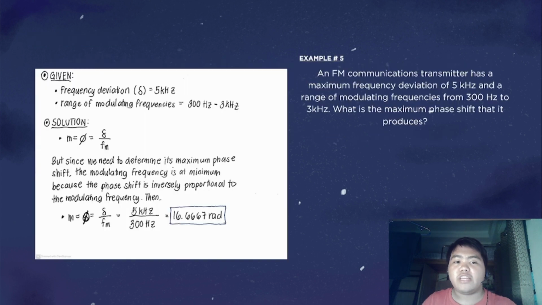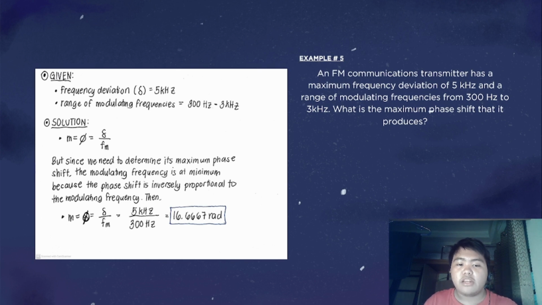So since we have the given values of frequency deviation of 5 kHz and its range of modulating frequencies, and since we need to determine its maximum phase shift, the modulating frequency must be at the minimum value because the phase shift is inversely proportional to the modulating frequency. And since we all know that the PM modulation index is the phase deviation of a PM signal, we can express it as the frequency deviation divided by the modulating frequency.